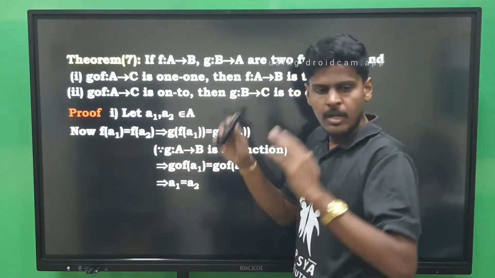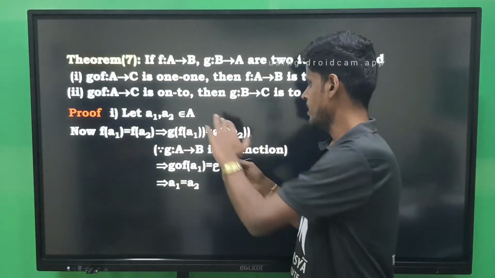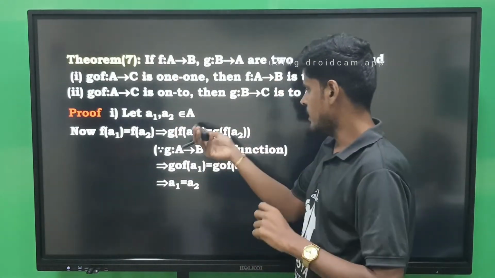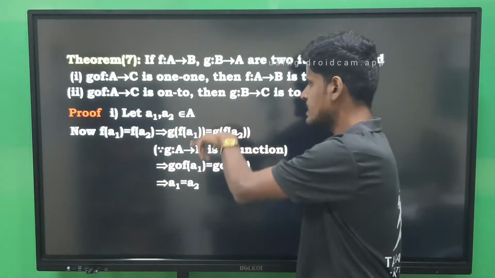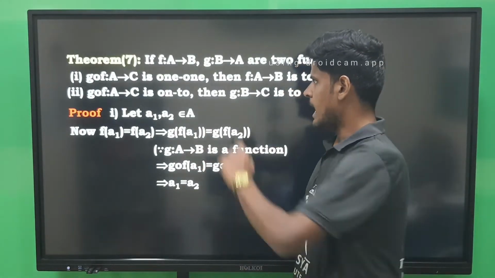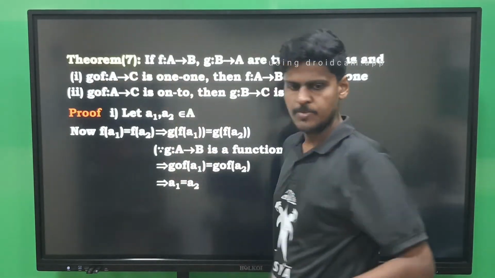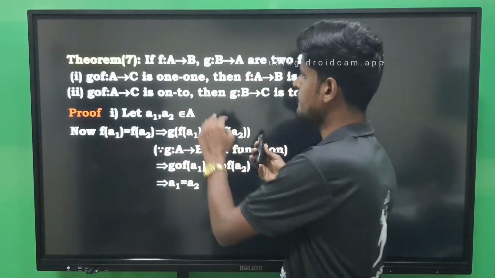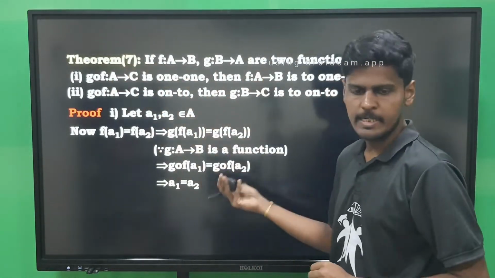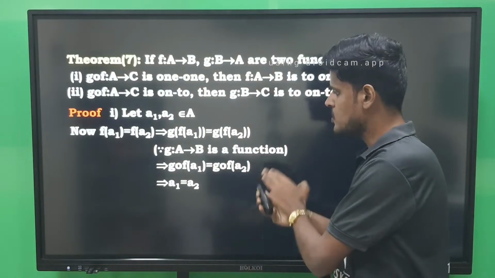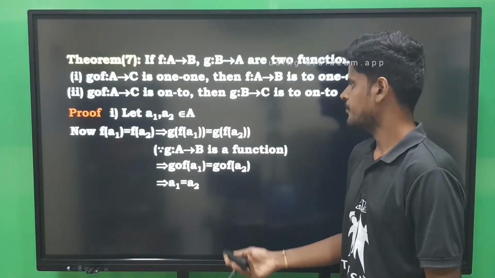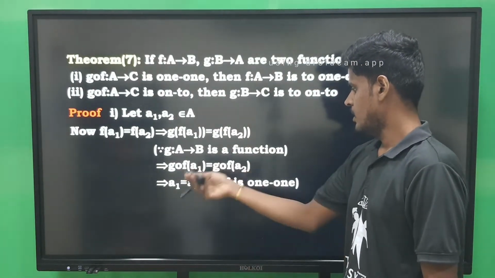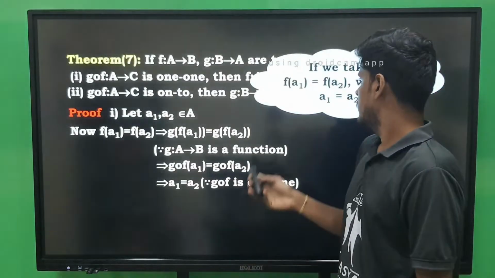Now as G of F of A1 equal to G of F of A2, this automatically implies, as this is a 1 to 1 function, which means as outputs are same, input should also be same. What is the input of this function, students? A1 and A2. So input A1 and A2 are also same. This is given.